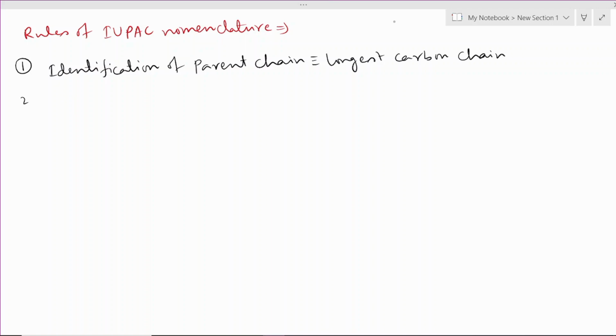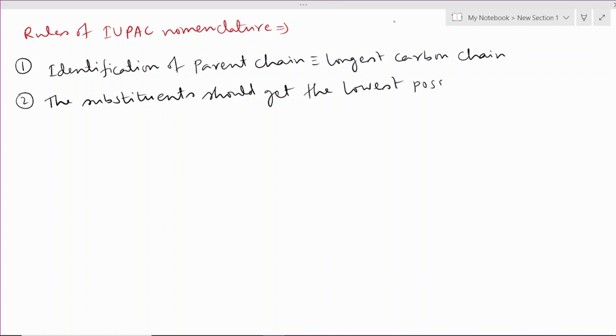And after that we have to do numbering in such a way that the substituents get the lowest possible position while numbering.